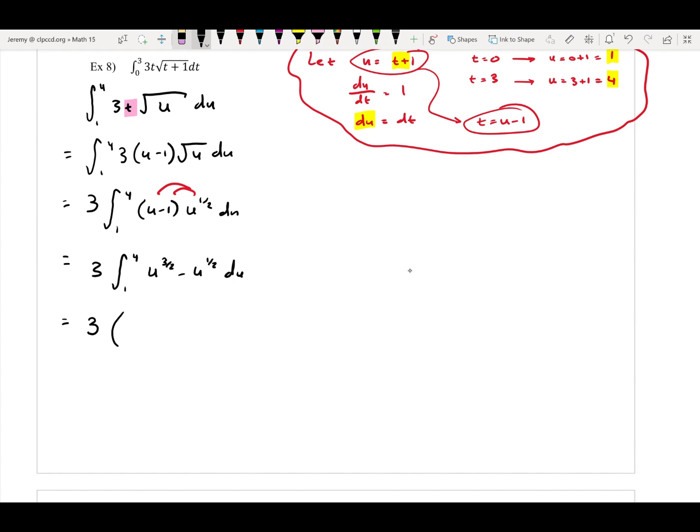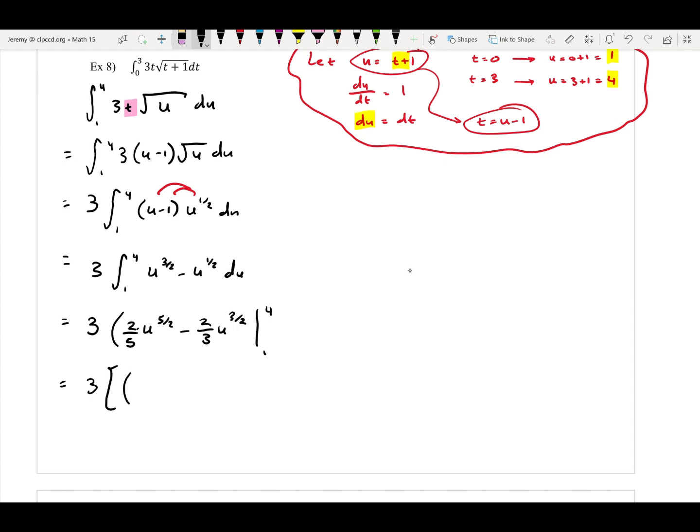expression. Take the antiderivative of u to the 3/2, I get u to the 5/2, and I multiply by the reciprocal of that new exponent, so 2 over 5 is the factor. Minus, this one's going to be 2/3 u to the 3/2. And I'm not going to put the plus C because this is a definite integral, I don't need it. Integrating from 1 to 4, here it's time to substitute in.